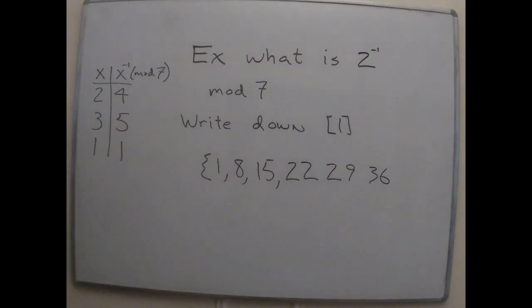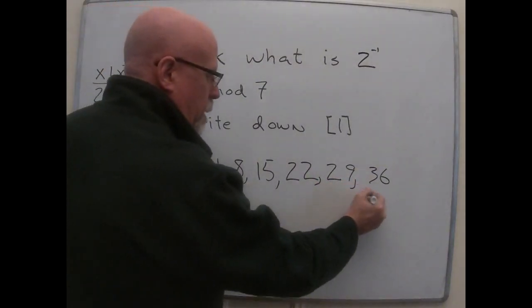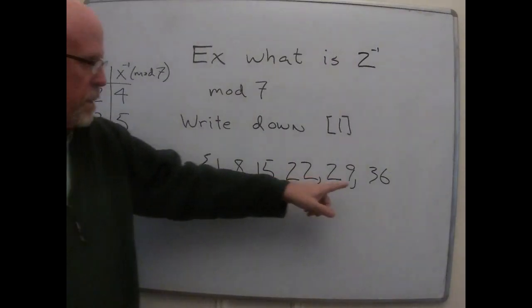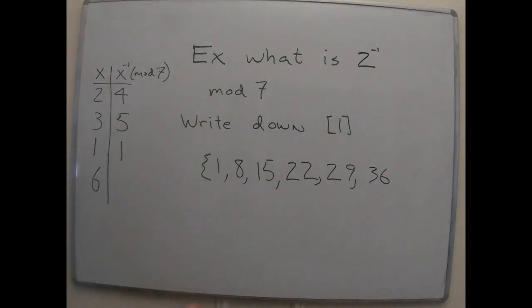Didn't really need to do that. What's left? 1, 2, 3, 4, 5, oh, 6. What's the inverse of 6? That's why I needed to go that far. 6 goes into this one 6 times. It doesn't divide any of the other ones. 6 is its own inverse also, just like 1 was.